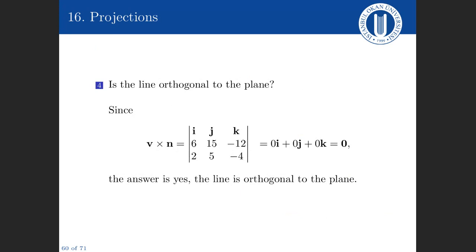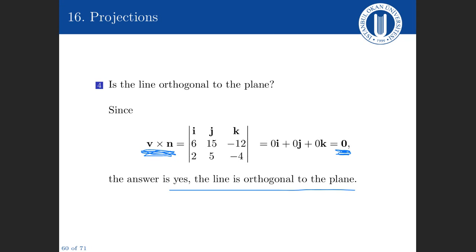Next we ask, is the line orthogonal to the plane? To decide if a line is orthogonal to a plane, we calculate v cross n. And I will leave for you to check that v cross n is the 0 vector. Because this is 0, the answer is yes.